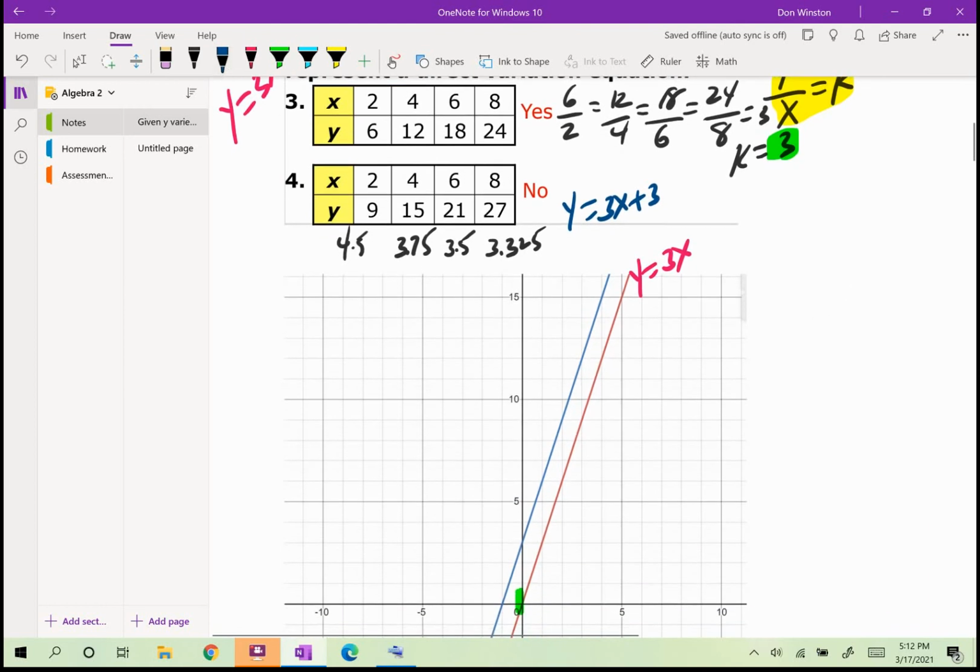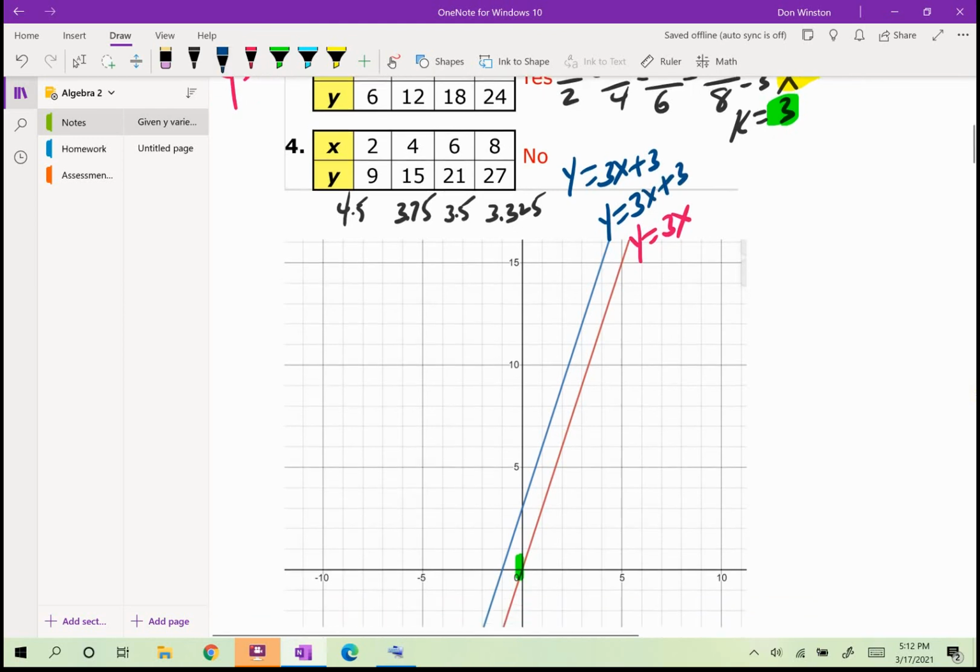So that would be a linear equation, and that's represented here. My y-intercept is 3, and my slope says go up 3 and over 1. But it is not a direct variation equation. It does not go through the origin. In other words, the y-intercept is not 0.